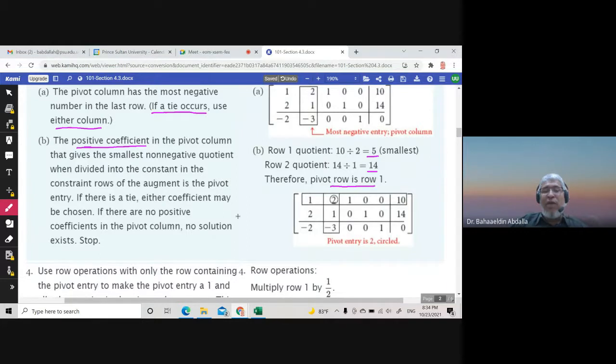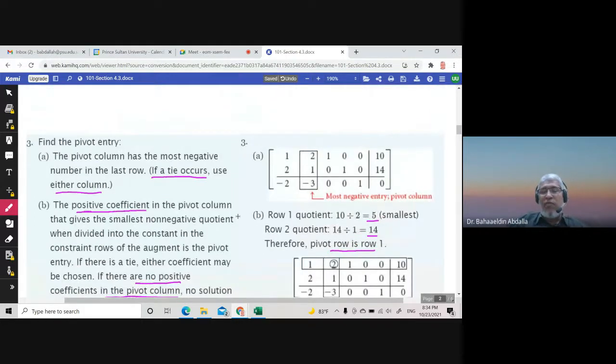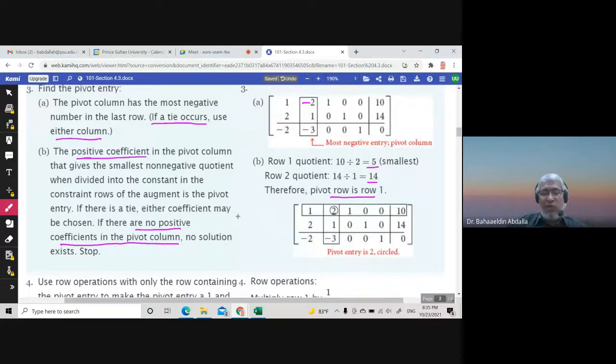If there are no positive coefficients in the pivot column, so for example, this is -2 and this is -1 or 0, or both are zeros, then there will be no solution to the problem, and we will stop here. So since the two numbers are positive, we divided 10 by 2, 14 by 1.